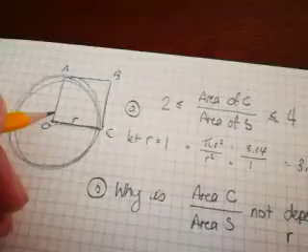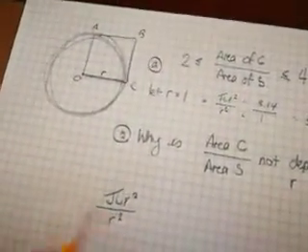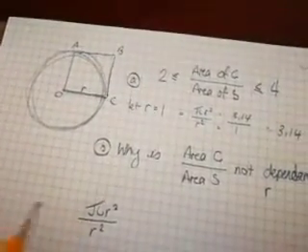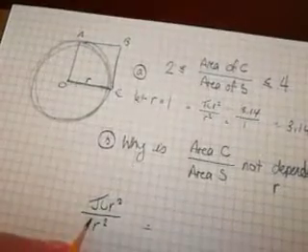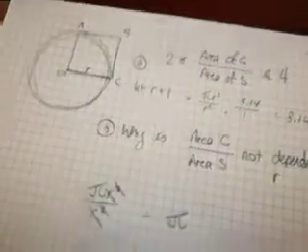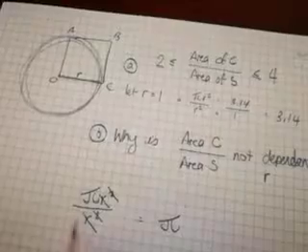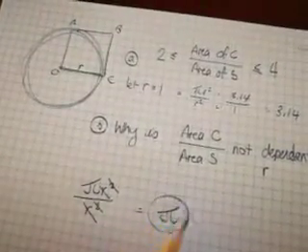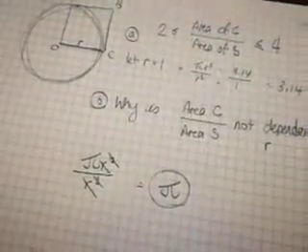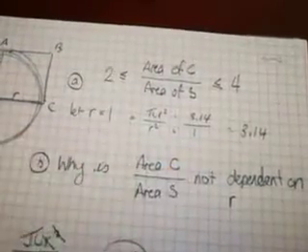So it's r times r, which is r squared. For that ratio, the area of the circle divided by the area of the square, we can just cancel out the r squared, so the answer is pi. The answer is always going to be pi. It's not dependent on the r.